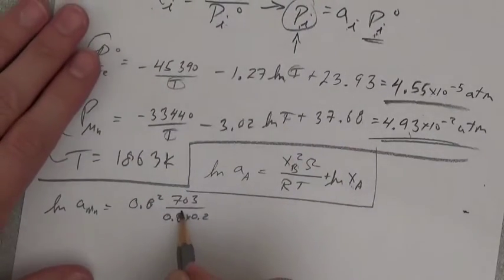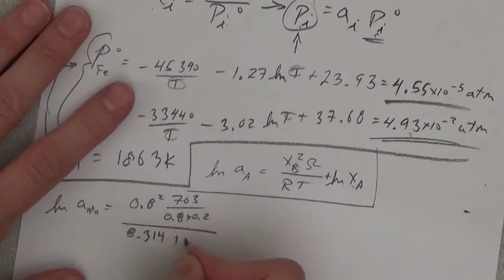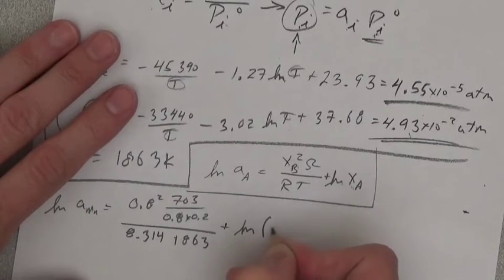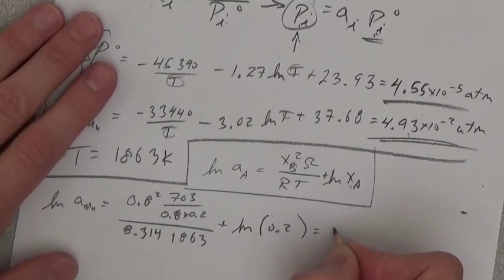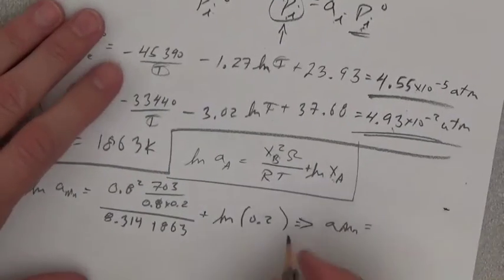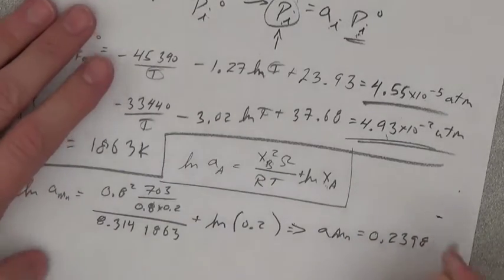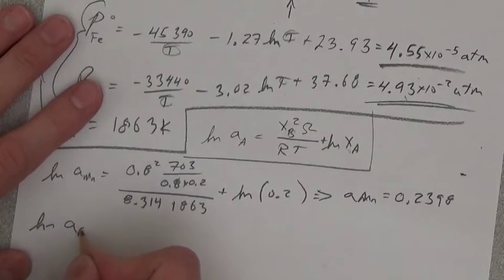Then divided by RT, 8.314 times the temperature, 1863, plus natural log of 0.2. That gives us the activity of manganese equals 0.2398.